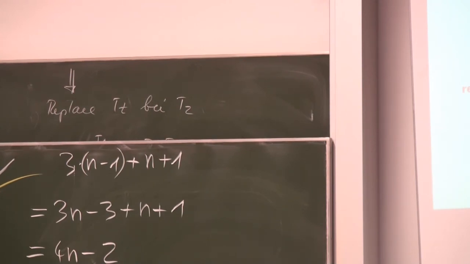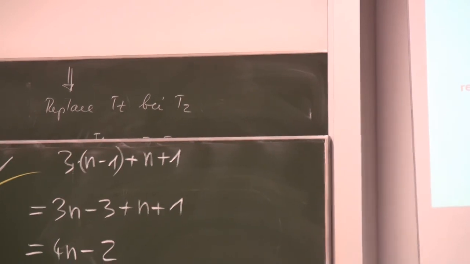Or in other words, 4n minus 2 equations for 4n unknowns. So 2 equations are missing. And that's what I told you before. You can freely add 2 extra requirements.